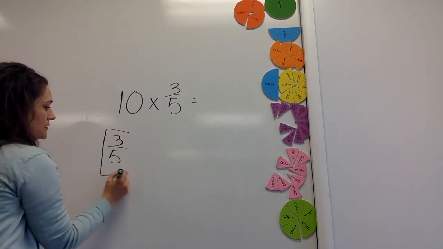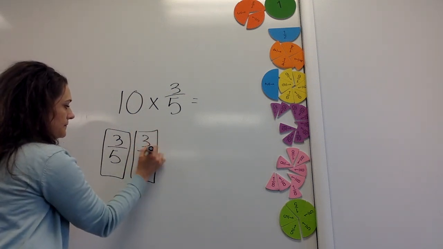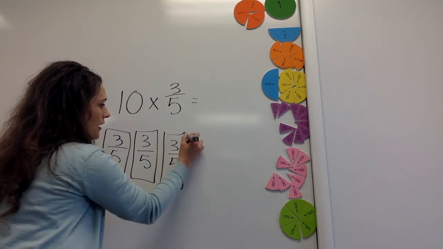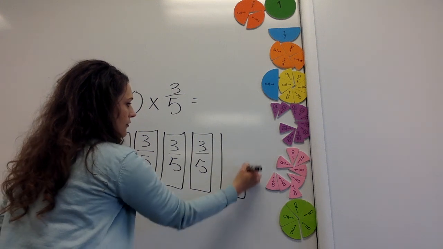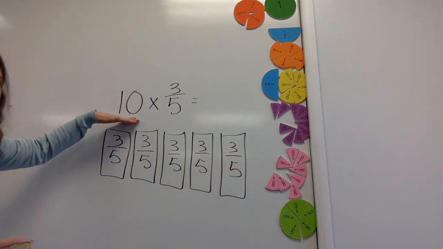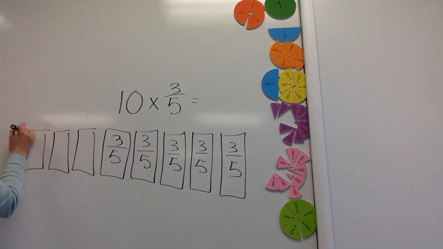I could just make this a 3/5 piece, and another 3/5, and another 3/5, and another 3/5, and another 3/5, to have 10 of those. So 6, 7, 8, 9, 10.